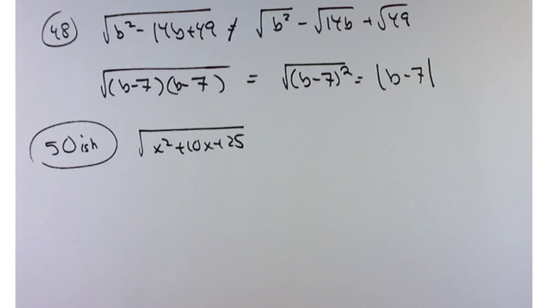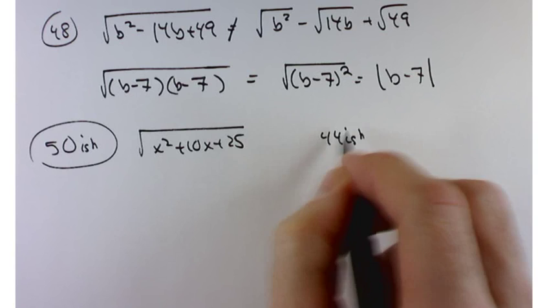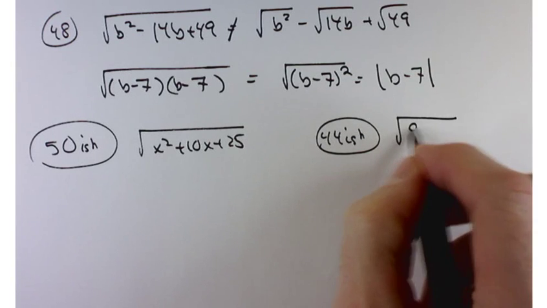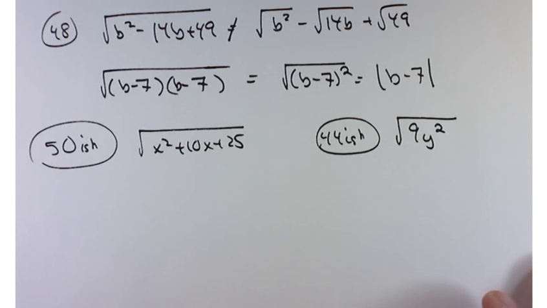And problem number 44-ish. Square root of 9y squared. I've changed these problems a little bit from what the book has. That's why I put the ish there.